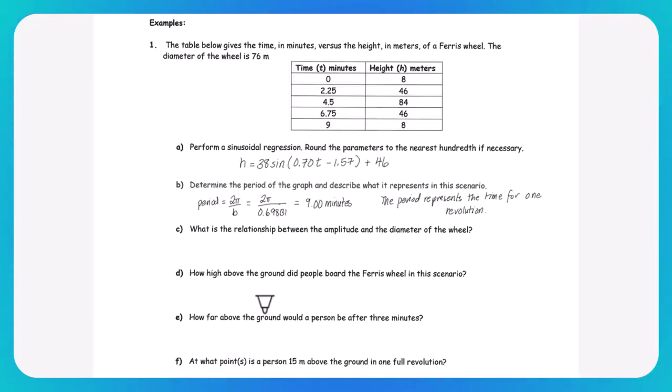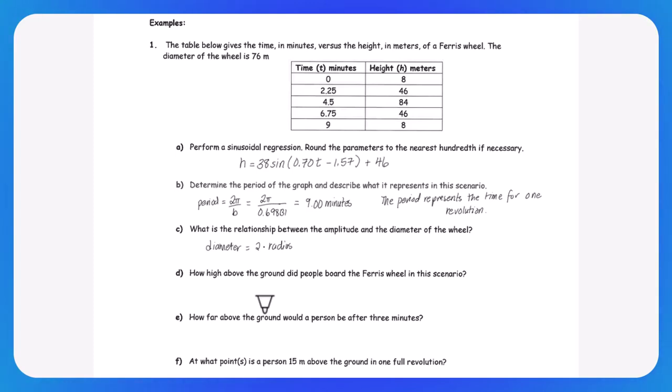Let's do C. What is the relationship between the amplitude and the diameter of the wheel? Well, we know that the diameter of a circle equals 2 times the radius.